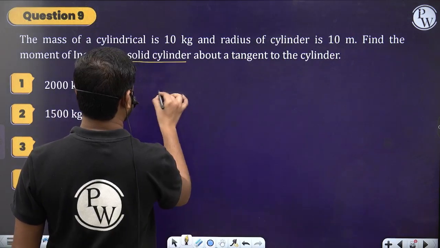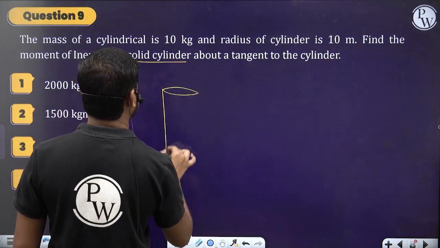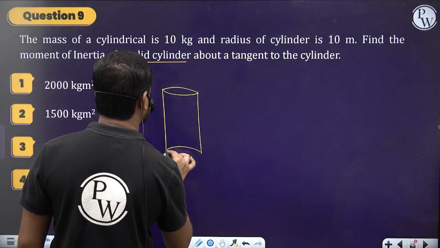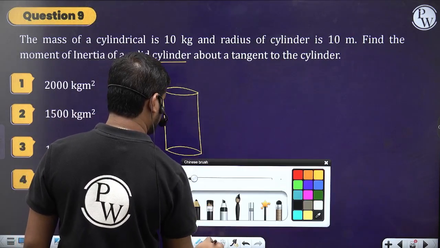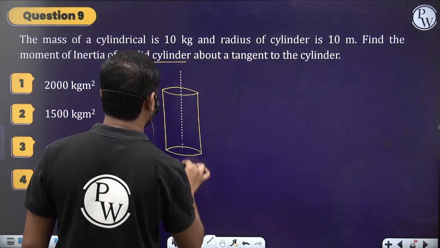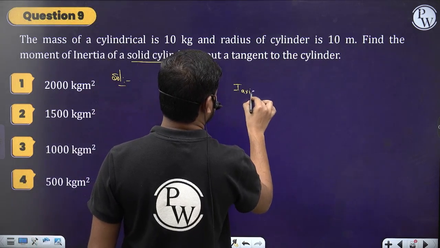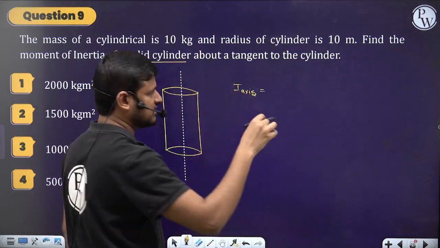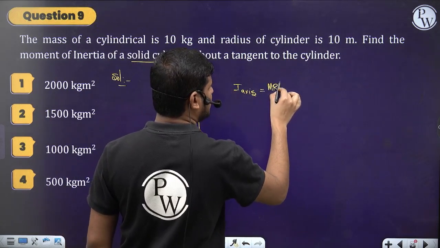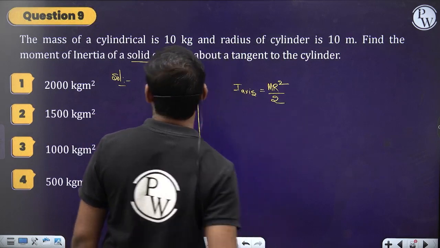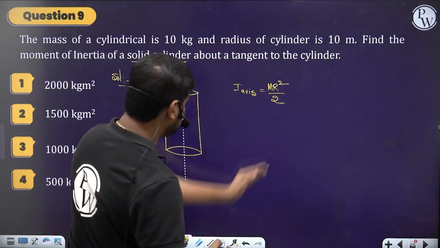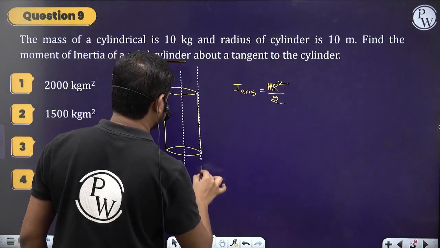About its axis we already know, it will be same as the disc, which is mr square by 2. Now I need about a tangent to the cylinder.